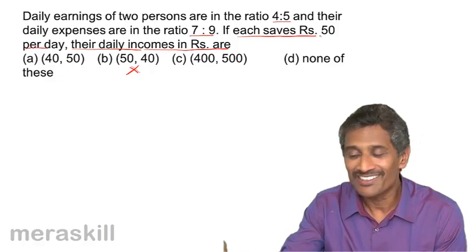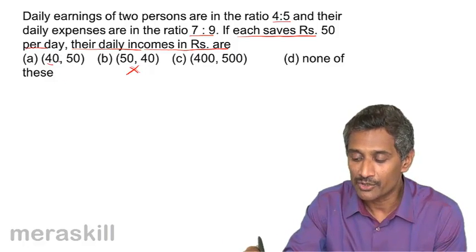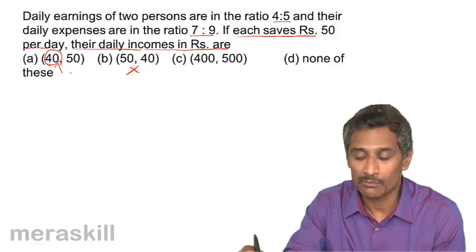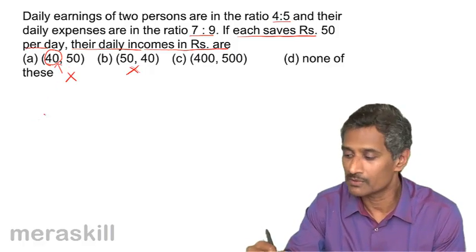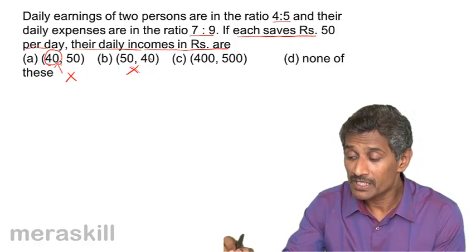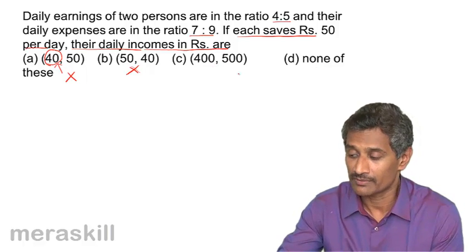Now we're dealing with a real life problem. Suppose the earnings were 40. From this, you're not going to save 50. So you'll get a negative number. Hence, this is not possible. So we have ruled out 40 and 50, we ruled out 50 and 40. So the only thing that is left is 400, 500 and none of these.